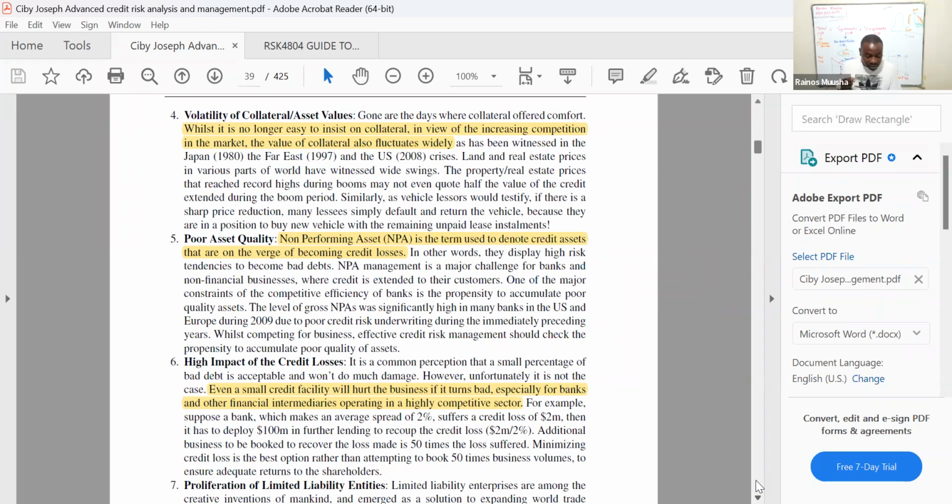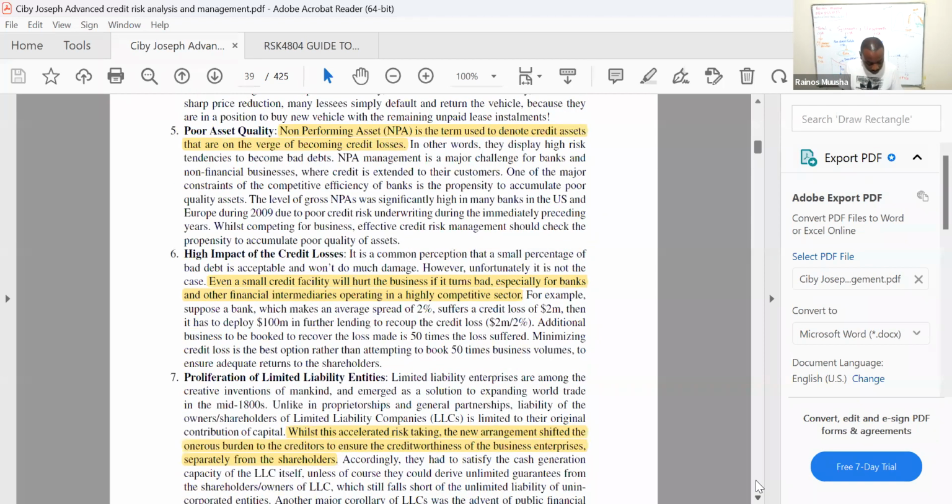They need to be able to identify poor asset quality or poor performing assets as soon as possible, so that they're able to make the decision: should we let go of these assets, or should we still expect that there's going to be a recovery of those assets? And the only way that the organization or the supplier of credit is going to be able to do that is when they do regular credit risk analysis as well.